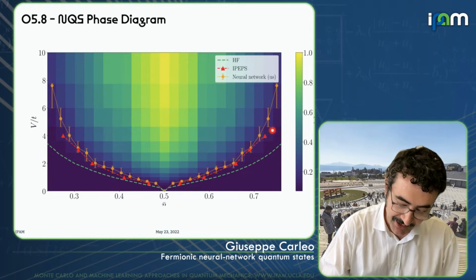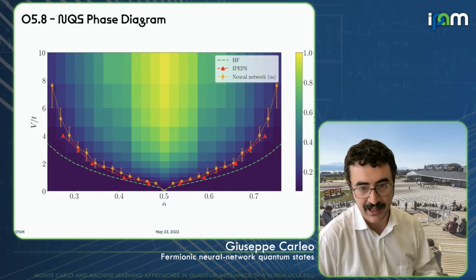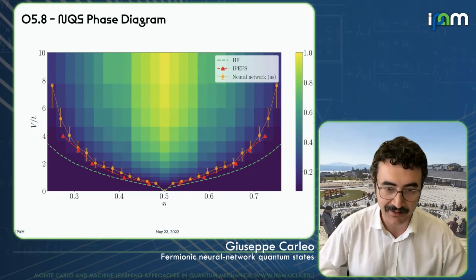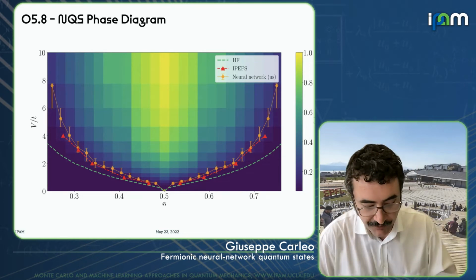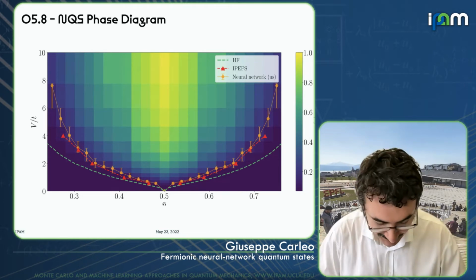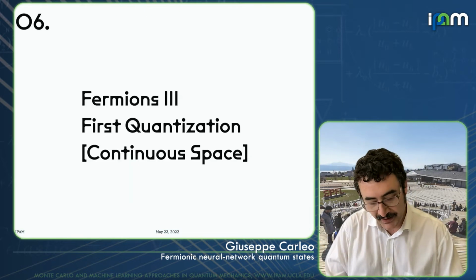You can see that there is a change with respect to the PEPS lines, and also a clear change with respect to the mean-field, which tends to underestimate the transition. Great. So this was just to show you that we can do phase diagrams also in these fermionic models.